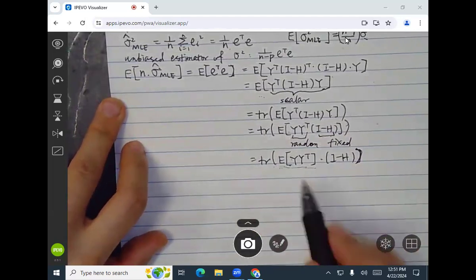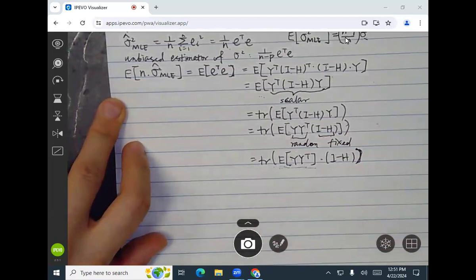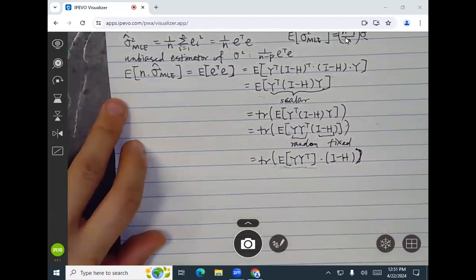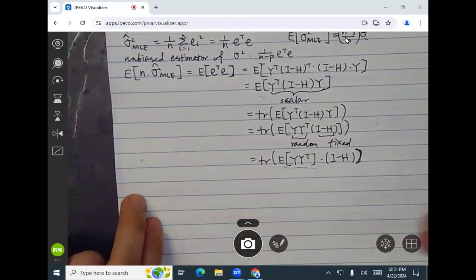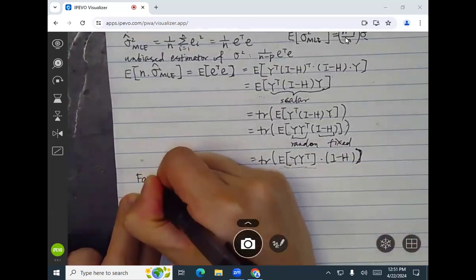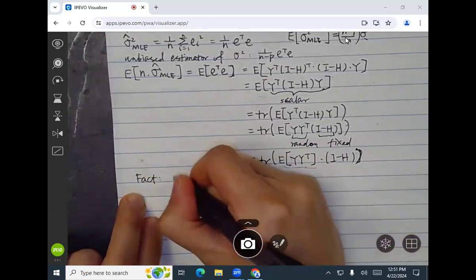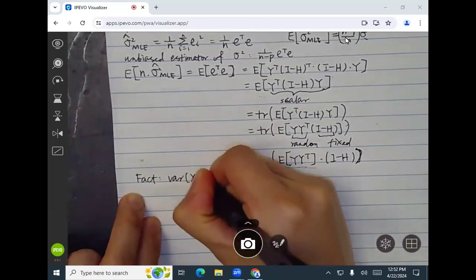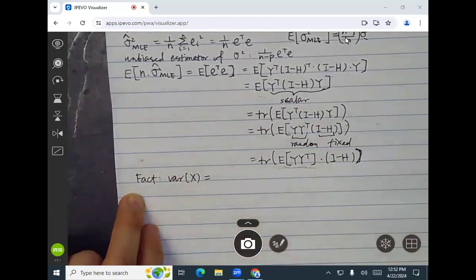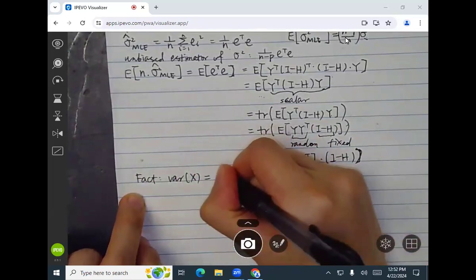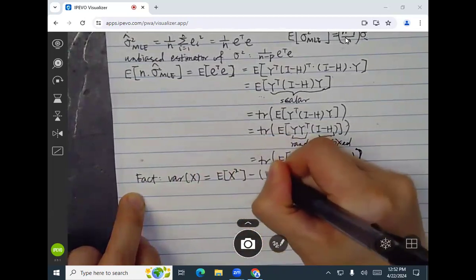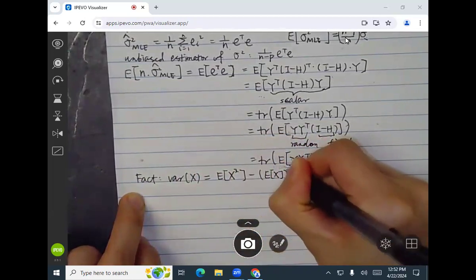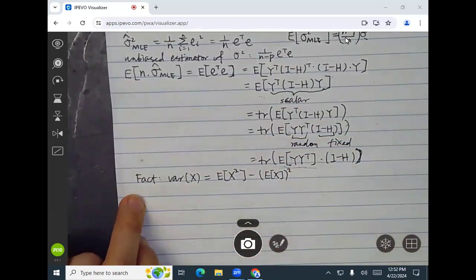And for this, we will use this famous variance formula, which I'm just writing in the scalar form for your review. If we want to talk about the variance of a random variable X, it is equal to the expectation of X squared minus the square of the expectation. That's the formula we will use for the covariance.